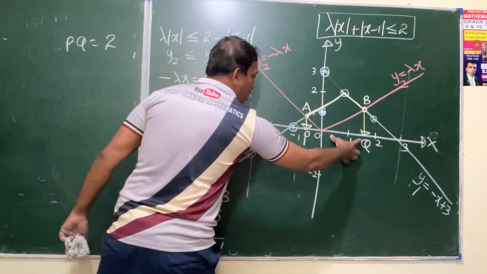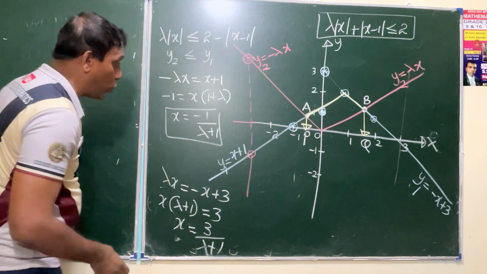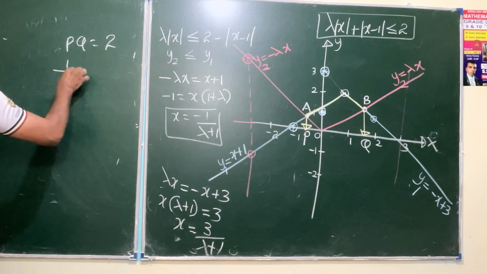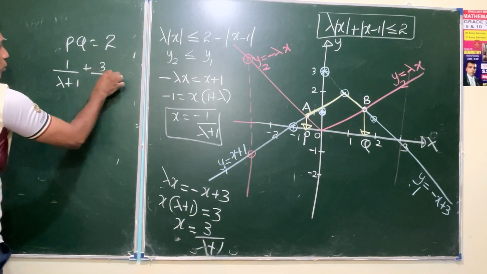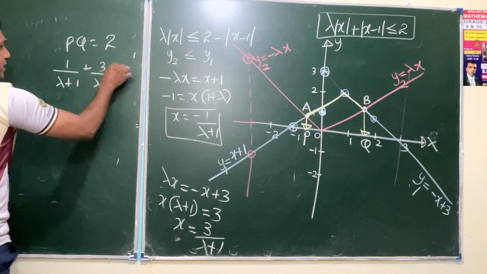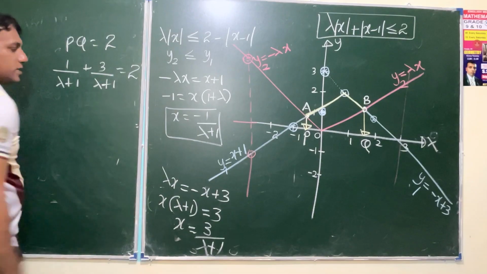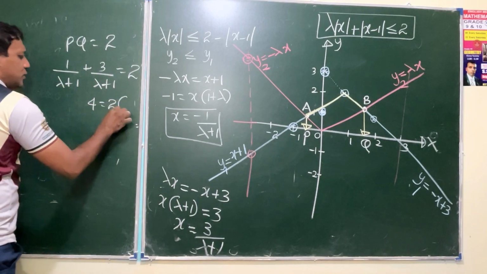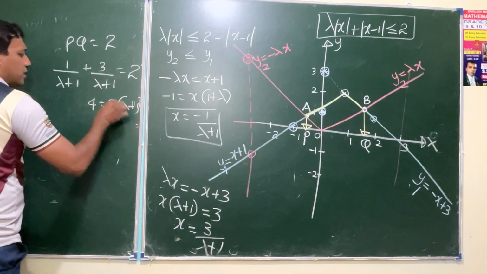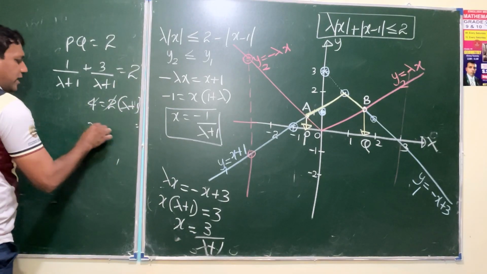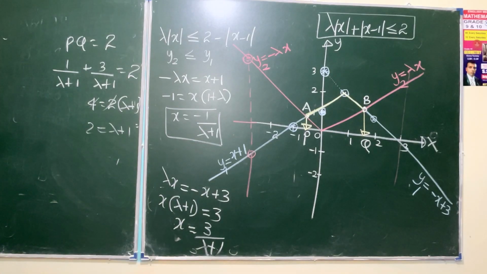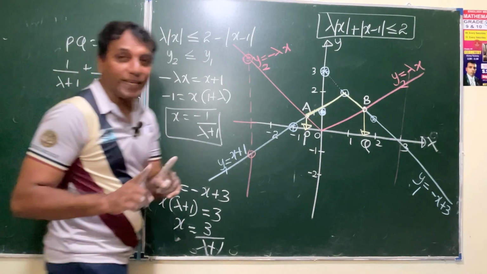It is OQ and OP, from the origin O. This is 1 over lambda plus 1, plus the other one, 3 over lambda plus 1, right? Simplify: 4 equals 2 into lambda plus 1. Therefore 2 cancels, 2 equals lambda plus 1. So no doubt, as a result, lambda equals 1.